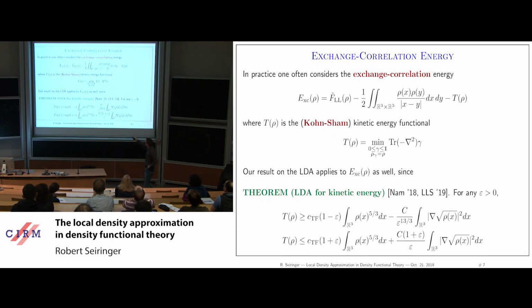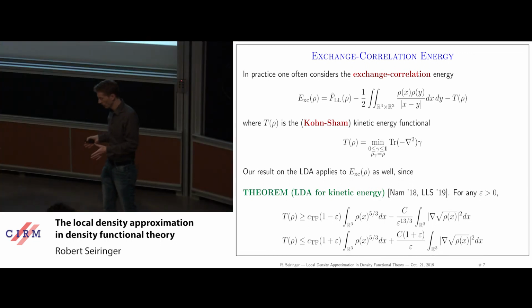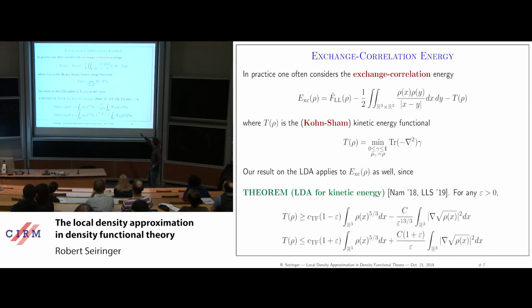So again, the Levy-Lieb functional has the kinetic energy and it has the Coulomb term. So you subtract their classical version, which is simply the direct Coulomb energy for the interaction, and there is the kinetic energy, which according to Kohn-Sham you define in the same way as before, but just for the kinetic energy.